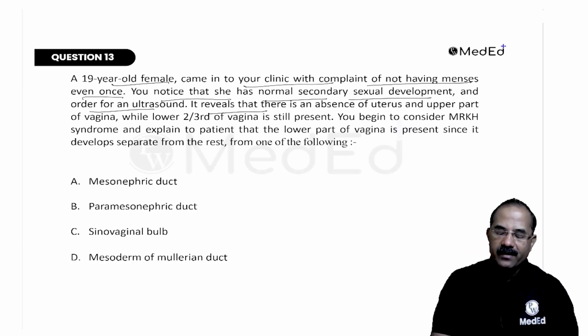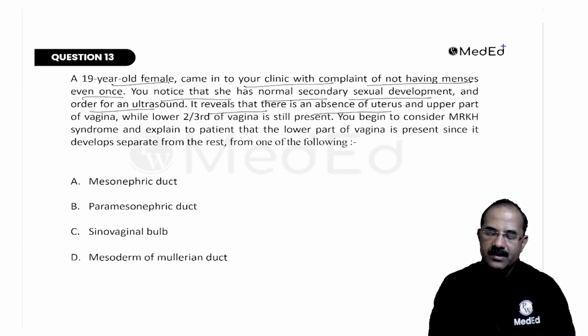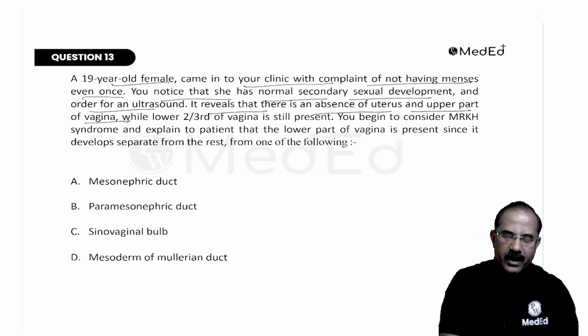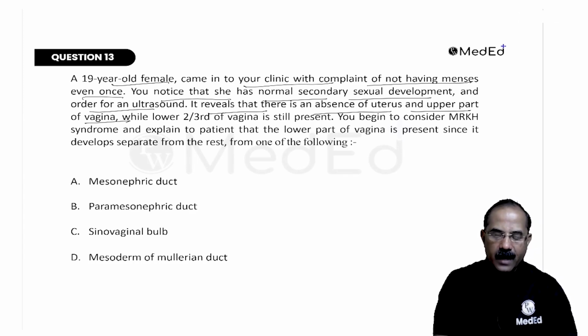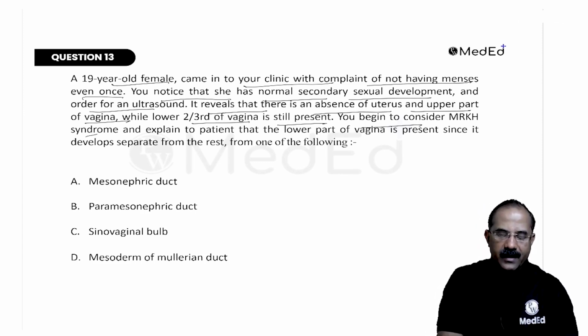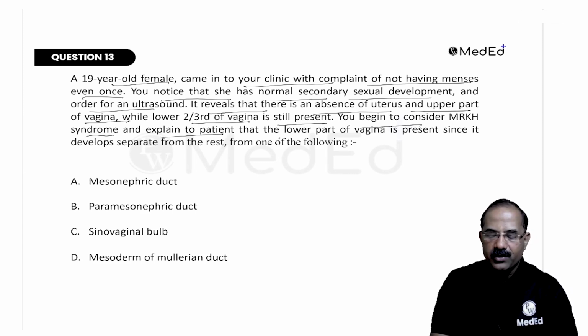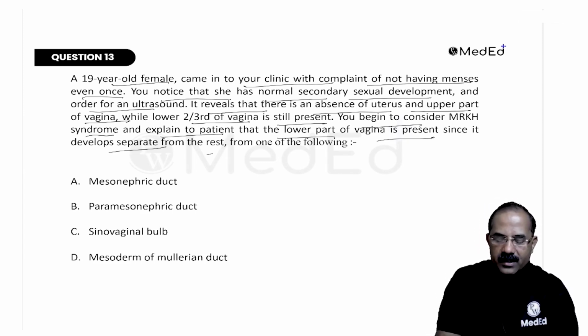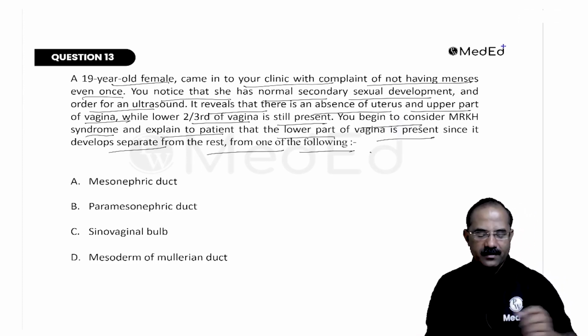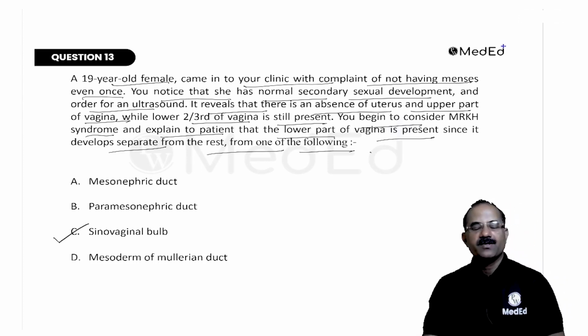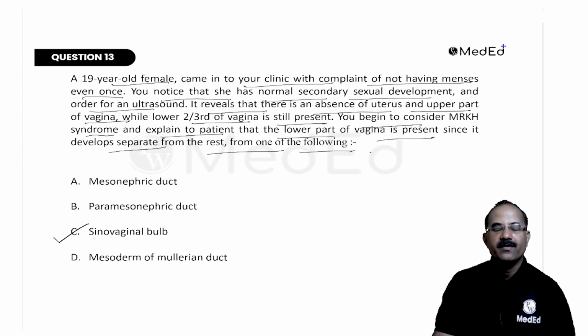It reveals that there is absence of uterus and the upper part of vagina is absent. So the uterus is absent, the upper part of vagina is absent, the lower 2/3 of vagina is still present. You begin to consider FMGE syndrome and explain to the patient that the lower part of the vagina is present since it develops from one of the following. Sino-vaginal bulbs. Okay, very good.